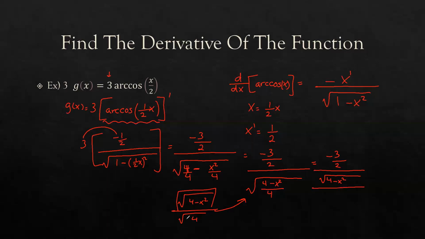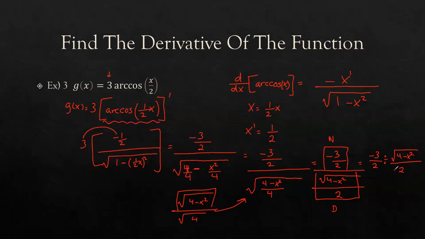Over, we know the square root of 4 is perfect, so it's 2. So we have a complex fraction. This negative 3/2 is your numerator, and this whole thing is your denominator. So let's rewrite it as negative 3 over 2 divided by the square root of 4 minus x squared over 2.